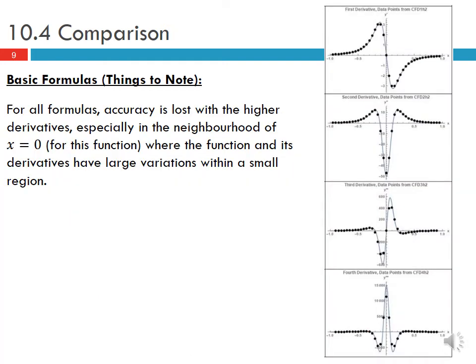For all the formulas, accuracy is lost with higher derivatives, especially in the neighborhood of x = 0 for this function, where the function and its derivatives have large variations within a small region. This shows the most accurate one, which is the centered finite difference, and you can see as the derivatives get higher, we get less accuracy, in particular in this region around x equal to 0.